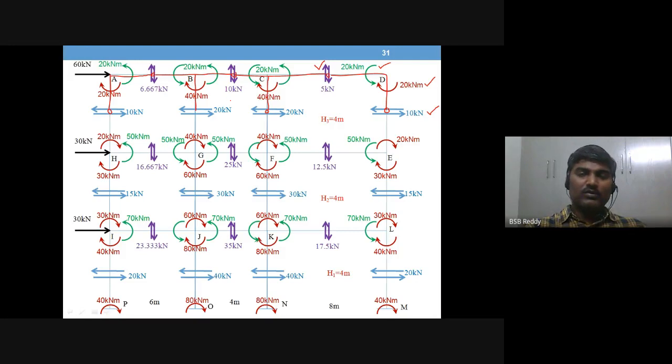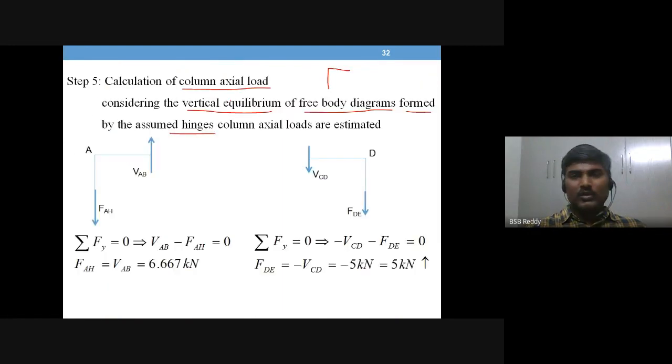How do they help you? They help you to calculate column axial load, because you have separated the part of a beam, part of a column, right? You agree? At this point, you have separated the part of a structure from the whole structure. So you have internal forces there. There is a hinge, so bending moment is 0.